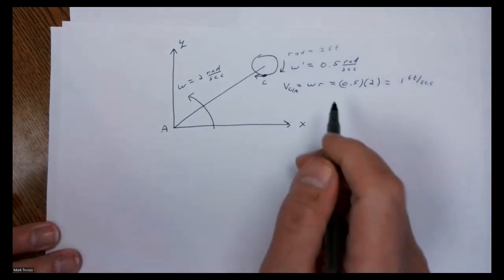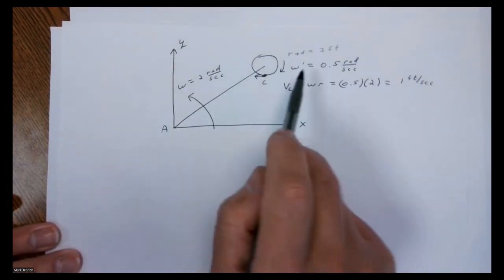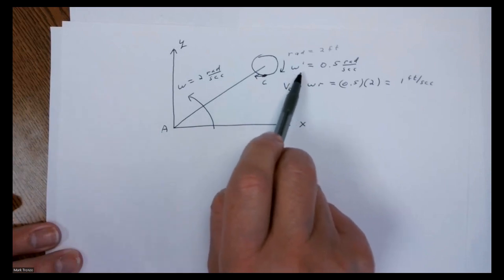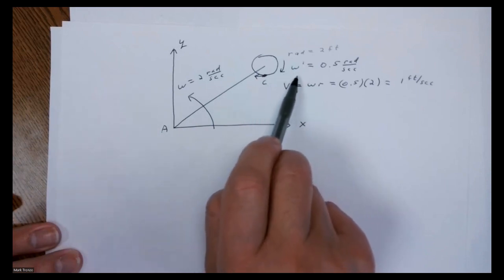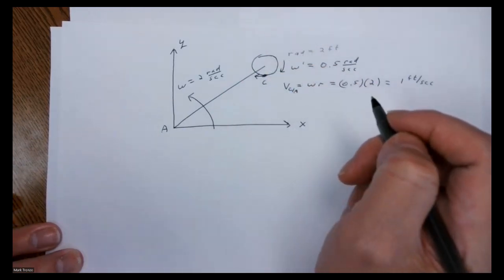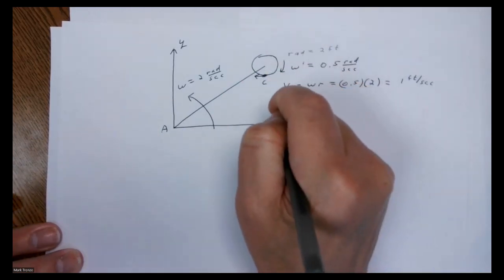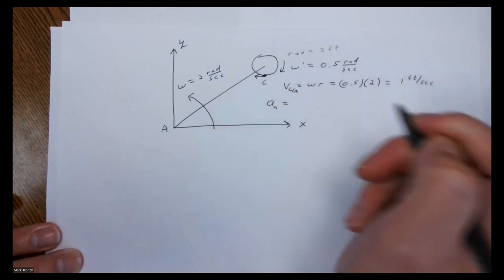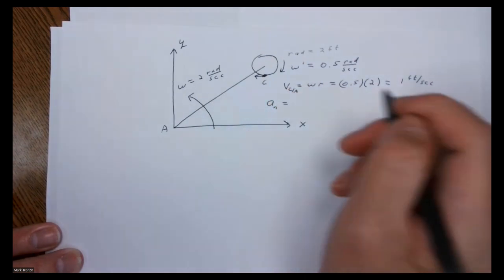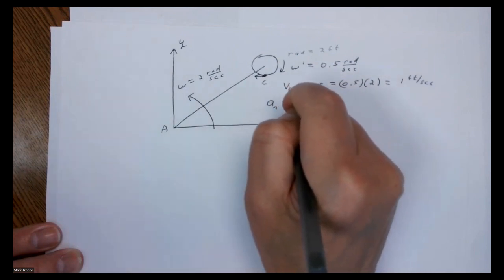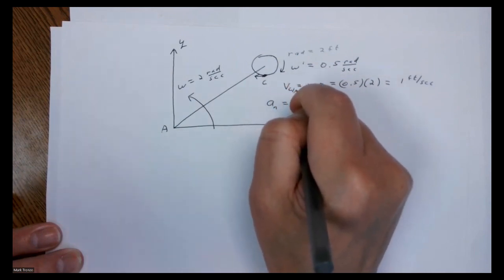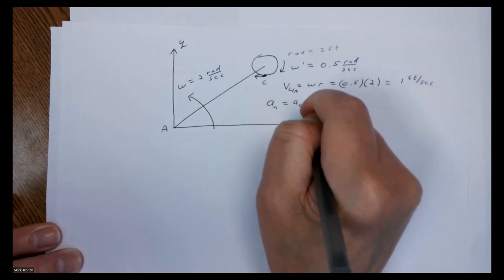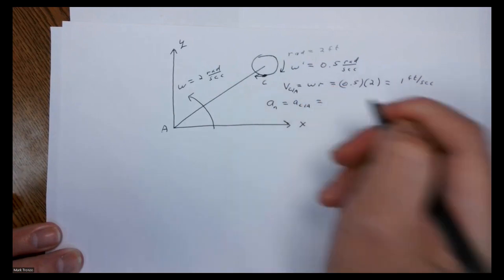Then we're also going to have the acceleration. Now, notice there's no angular acceleration here, so the only linear acceleration we're going to have is the normal acceleration. So our A normal, in this case, is going to eventually be our ACA, if you will.